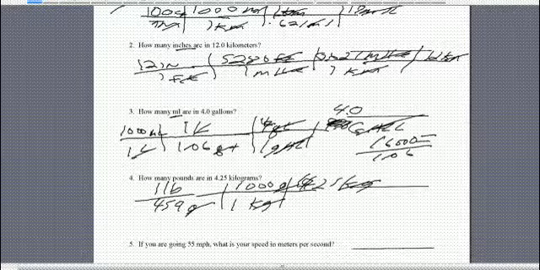Remember, this right here is a 4. Oh, that's messy. Let me clean that up a little bit. Hang on. There we go.